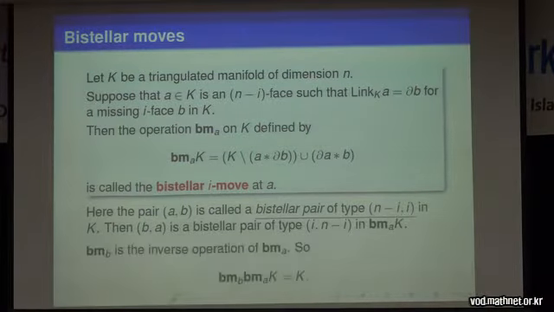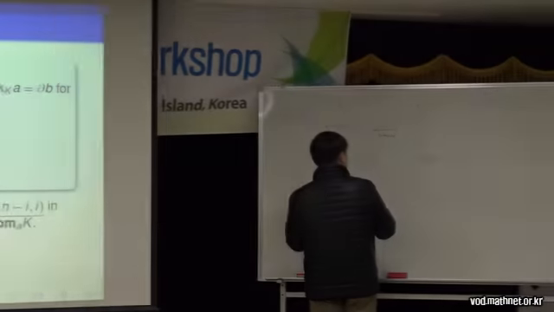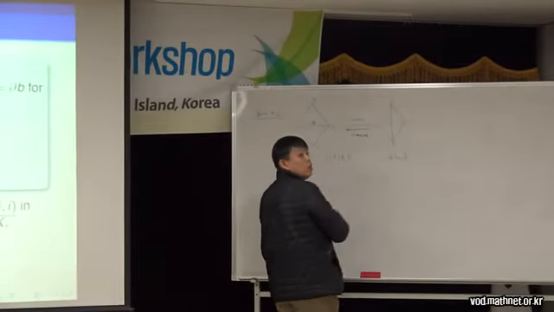So this operation is just the inverse operation. If you do the bistellar move from this one to here, you can also do the inverse operation, just go back and return to the original case.